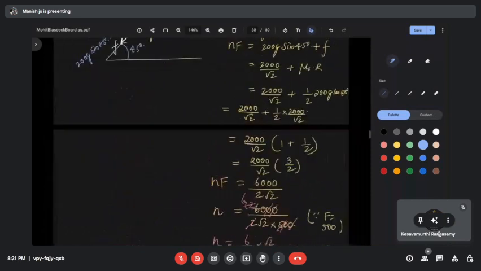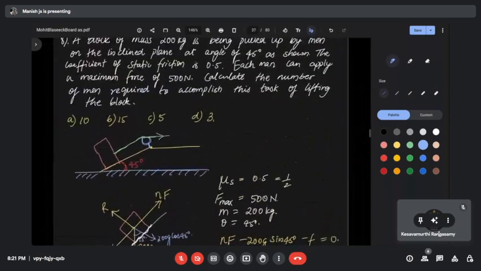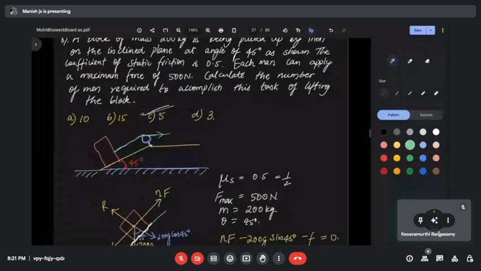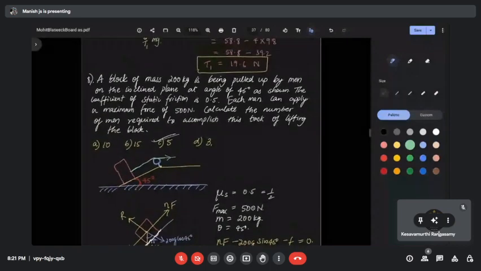Fine. So we will choose the nearest answer. So the nearest answer is 5 for us. So we will select 5, the next higher value. So that's how you have to approach this question. It is a method to solve this question.